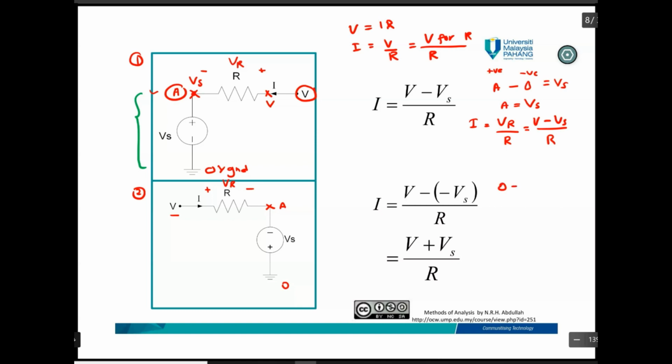So 0 minus A is equal to Vs, so A equals minus Vs, and then I is VR over R, where VR is V minus A. Therefore, the equation will be V plus Vs over R.